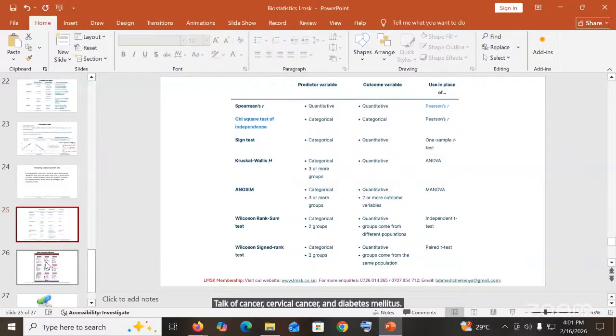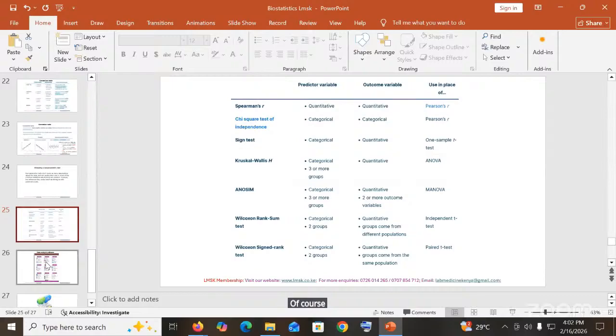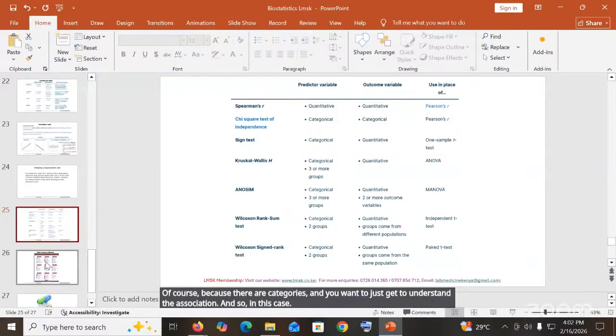These are categories: do you have diabetes, yes or no? Do you have cancer, yes or no? For that, you use chi-square because they are categorical. You're not going to do regression here, because they are categories and you just want to understand the association. So in this case, you will come up with what we call the chi-square.